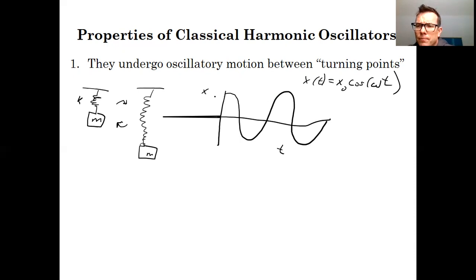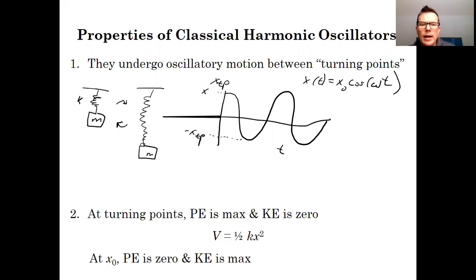These points where this thing turns around, where it goes from one spot to the other, are called turning points. So I'm going to call this the negative x turning point, and this is the x turning point. And if I have an idealized frictionless system, this is perfect. It will just keep bouncing back and forth, and away you go.